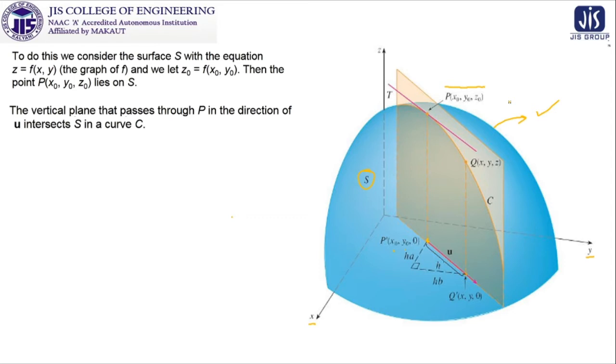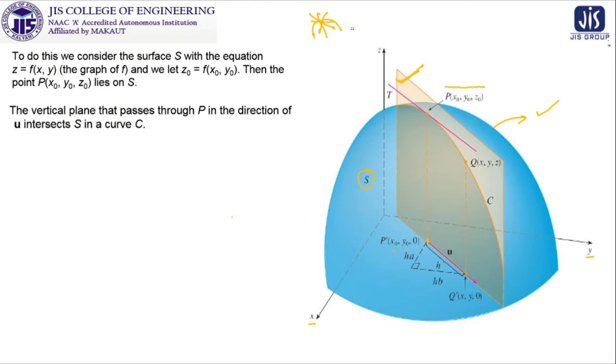So in the next step, we are considering one vertical plane. You can see that there is a vertical plane that passes through P in the direction of U. So look at this. This is a point P. If we have a surface and there is a point, how many planes are there passing through this point? Infinite.